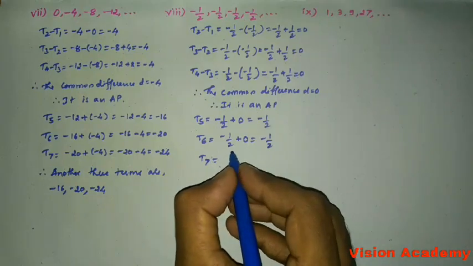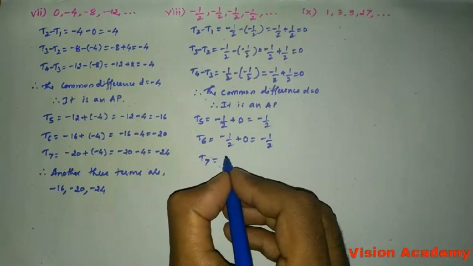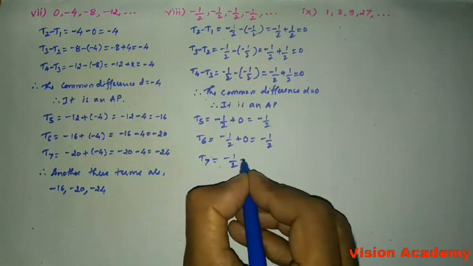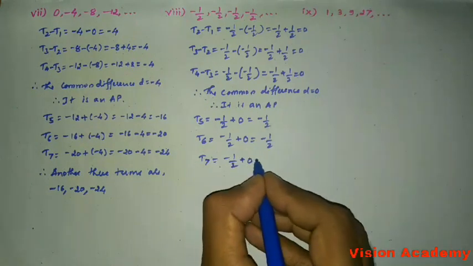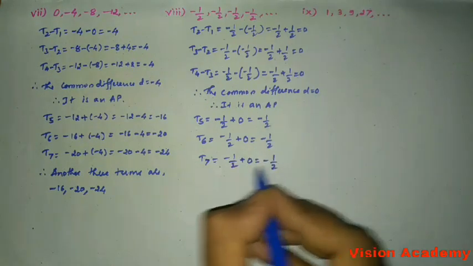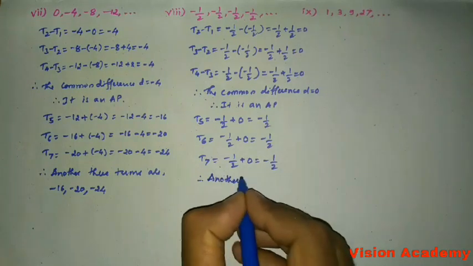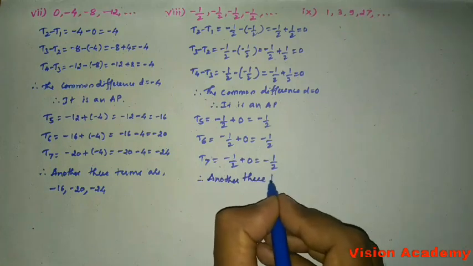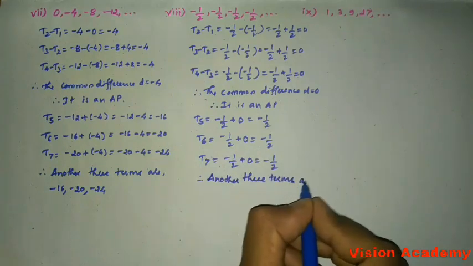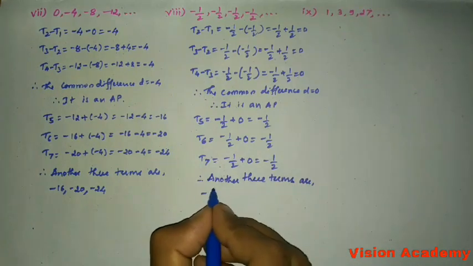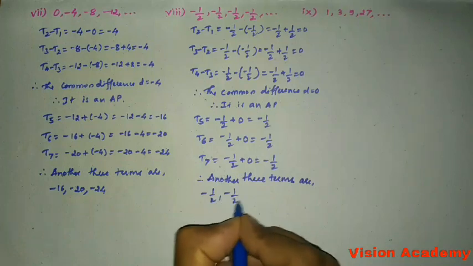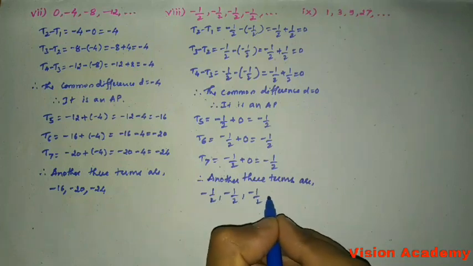T7 is equal to minus 1 by 2 plus the common difference 0 is equal to again minus 1 by 2. Therefore, another three terms are minus 1 by 2, minus 1 by 2, minus 1 by 2.